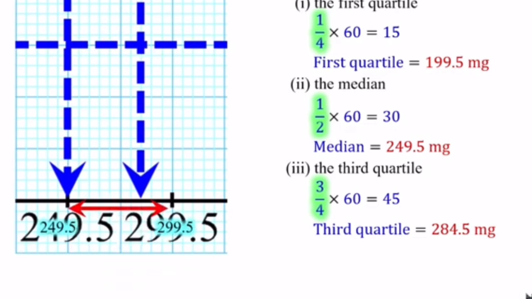From the 50, we observe how many small boxes there are. There are 10 small boxes there, right? So that means one small box will be having how many milligrams? That is how you find out.